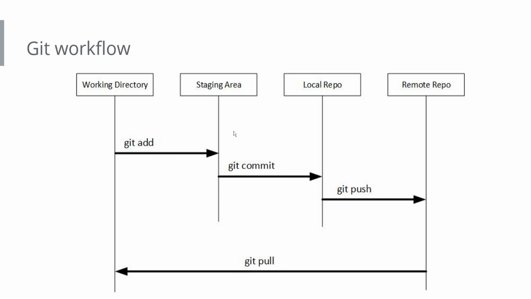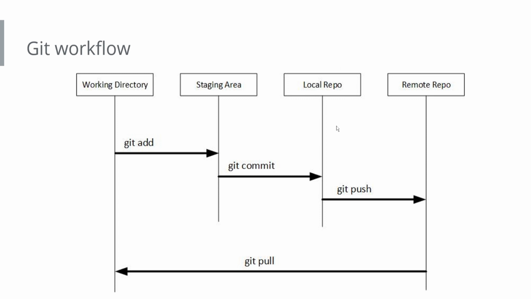And now from the staging area, we can do a git commit into our local repository, which is going to be a file within our system. Then from our local repository, we can actually do a git push onto a remote repository. So I think the names are quite intuitive. When we do a push, we are actually pushing it from our local repository onto a remote repository. It doesn't mean we are lifting it and we don't keep any record.